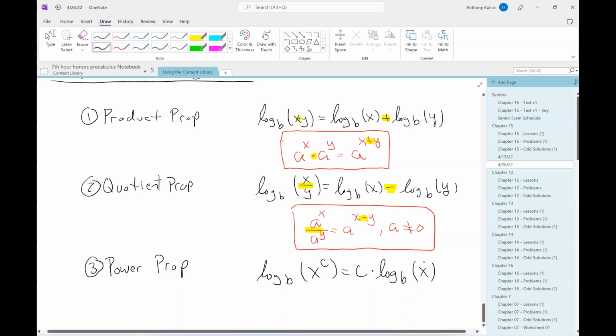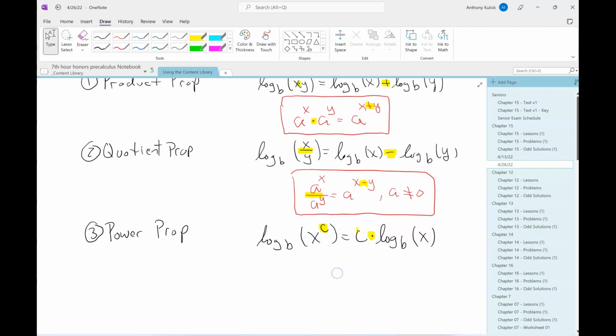This says log base b of x to the c is equal to c times log base b of x. So you're seeing that an exponent inside the logarithm turns into multiplying a coefficient outside the logarithm.